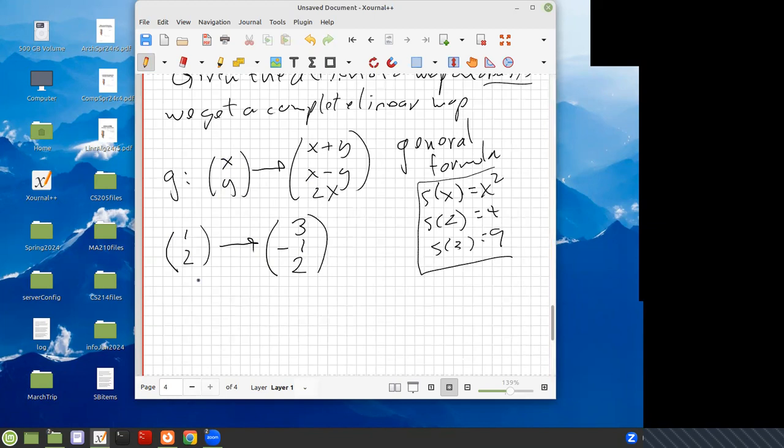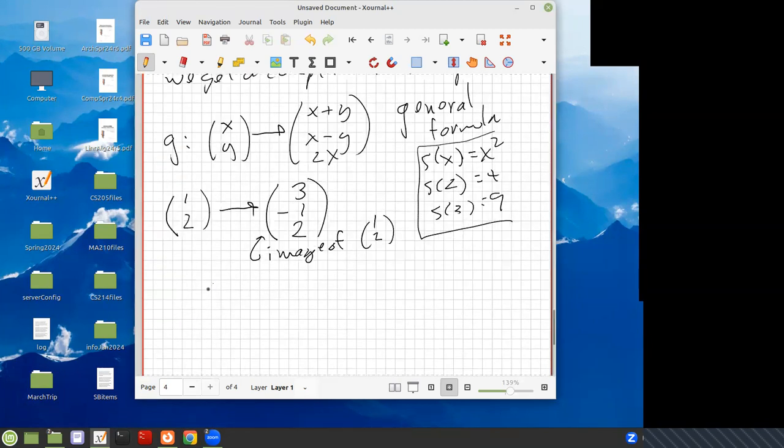This is my domain vector, and this is the image of (1, 2). As another example, say (3, 0) would go to (3, 3, 6), right? So I can put in any x and y and get out this.